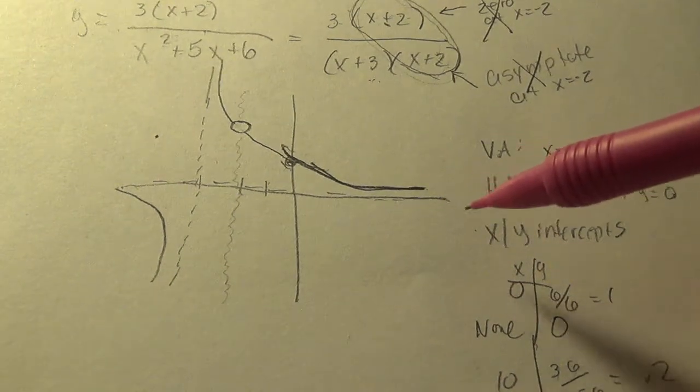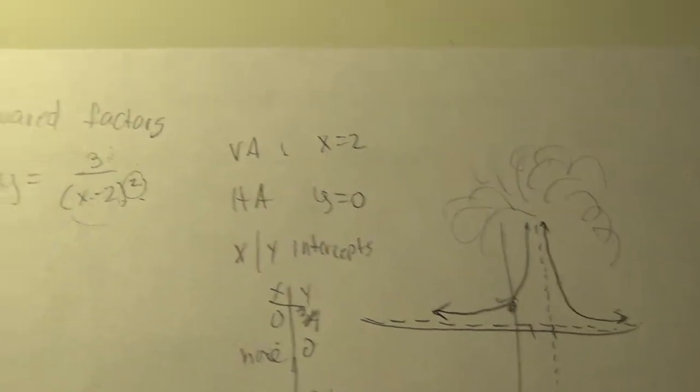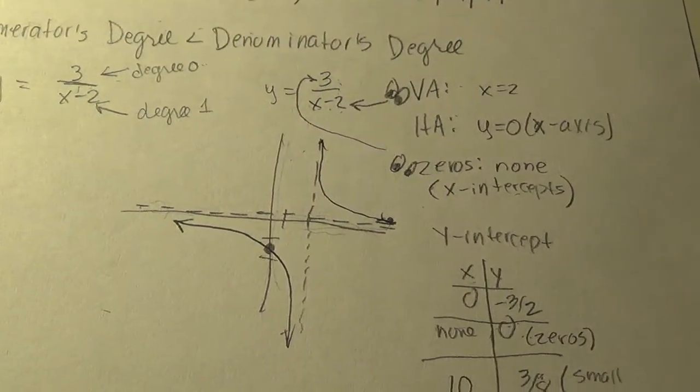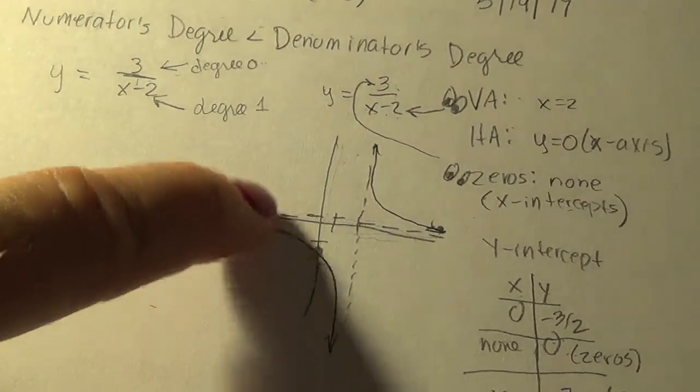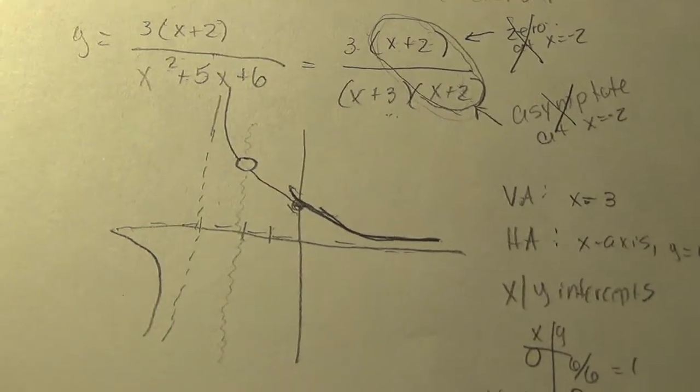One thing I did, and I'll show you how, I wanted to show you how this one up here related to the first one we did. So here we had no volcano, but on the second one that was like it with the squared factor, it flipped up and became a volcano. And on this one we have a hole.